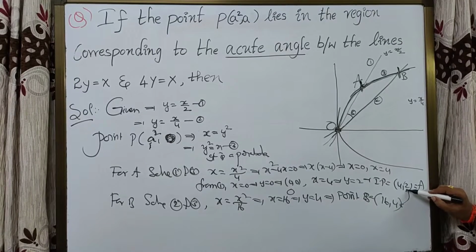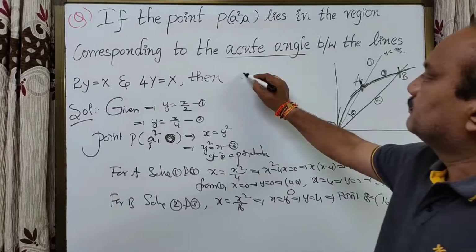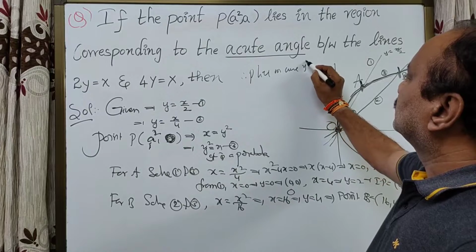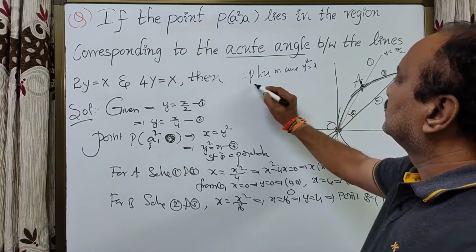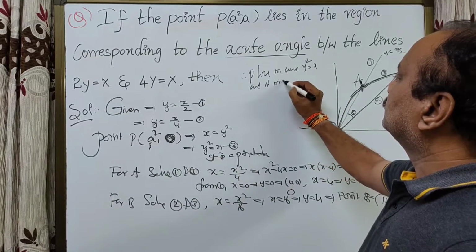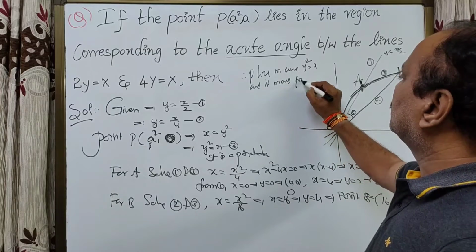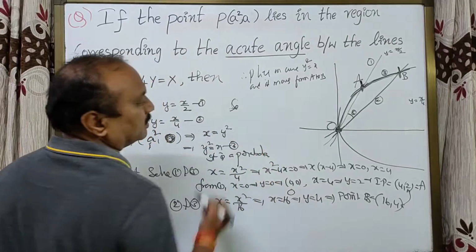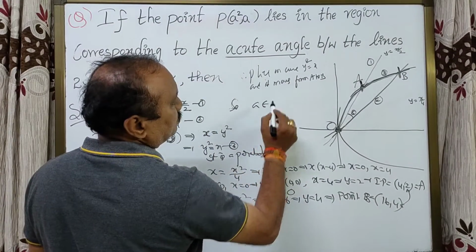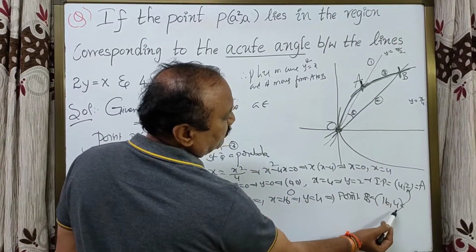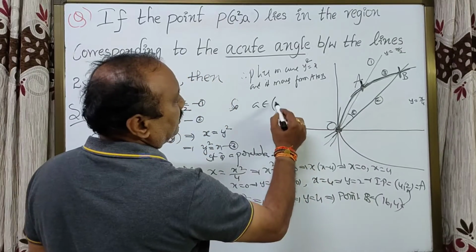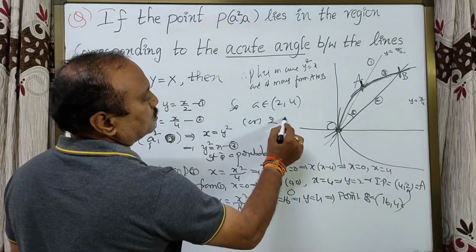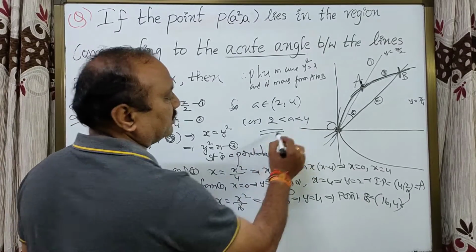Therefore, P lies on the curve y square equal to x and it moves from A to B. So a belongs to (2, 4), the least y value is 2, the maximum is 4. The option may be like this, or 2 less than a less than 4.